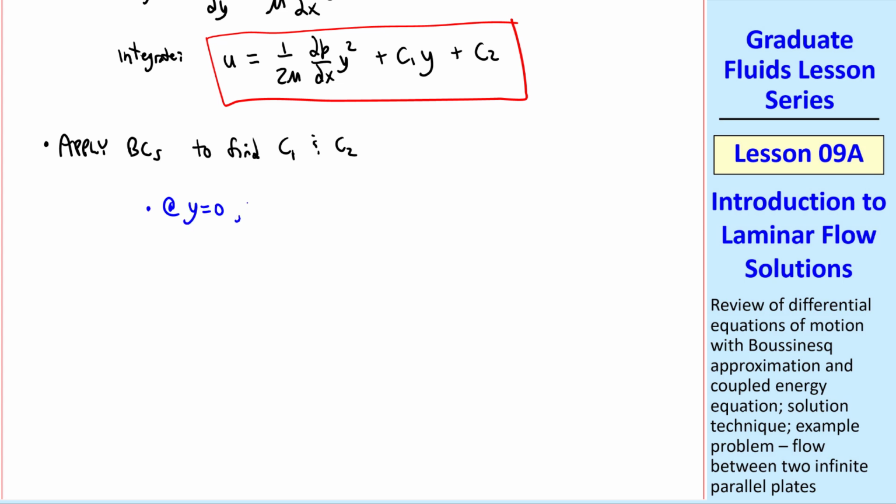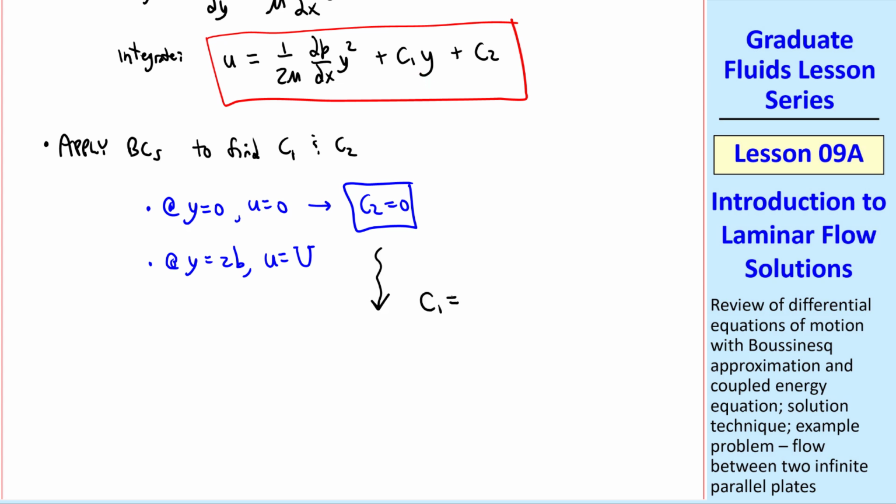This is our solution, and now we apply boundary conditions to find constants c1 and c2. Namely, at y equals 0, u equals 0, the bottom wall is stationary, and since y equals 0 here and u equals 0, c2 must be 0. At the top plate where y equals 2b, u is capital U since that plate is moving. Plugging in capital U for u and 2b for y in both of these places, and knowing that c2 equals 0, we can solve for c1.